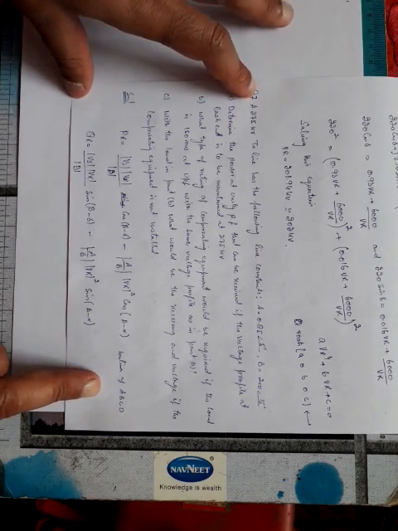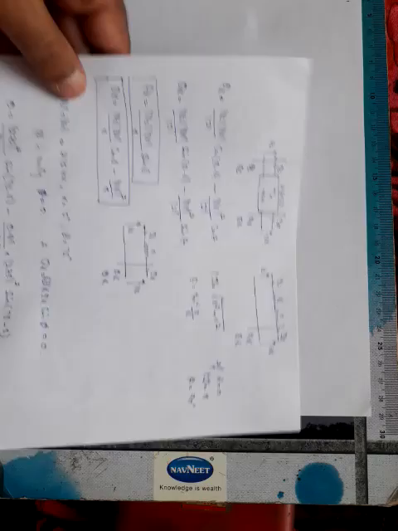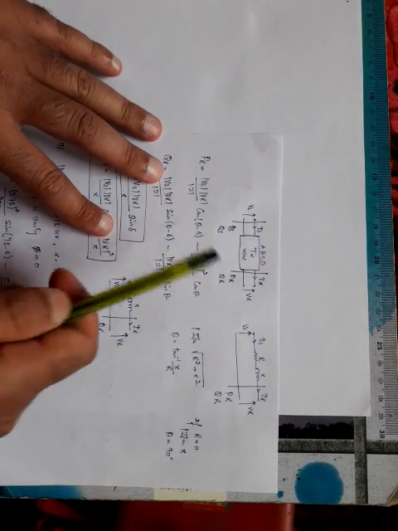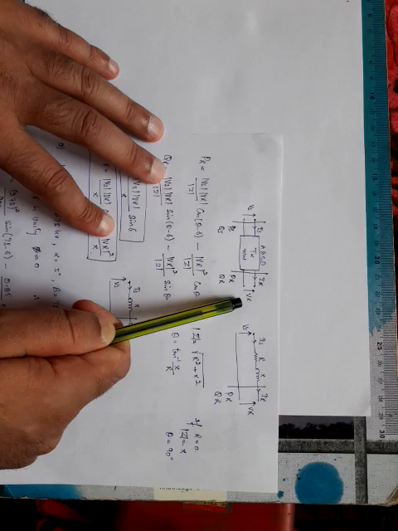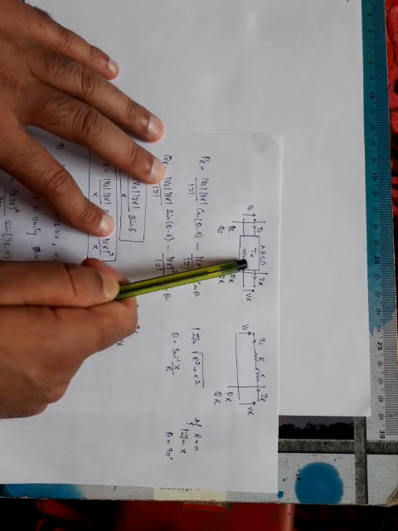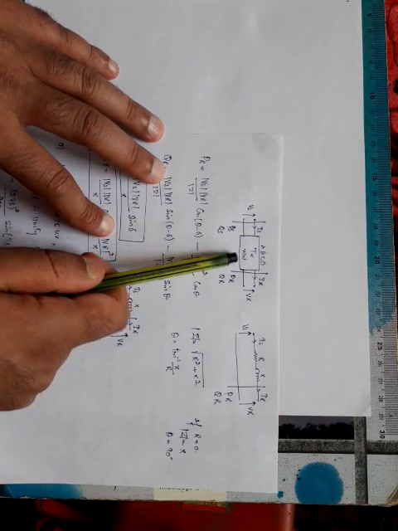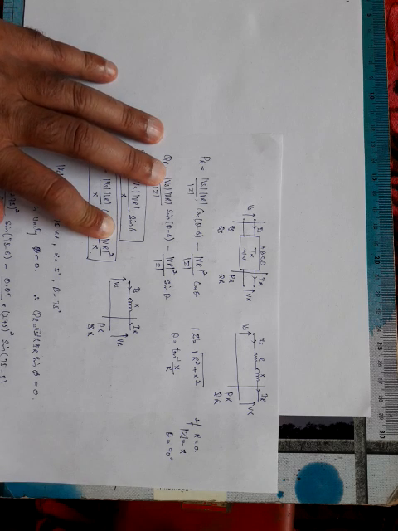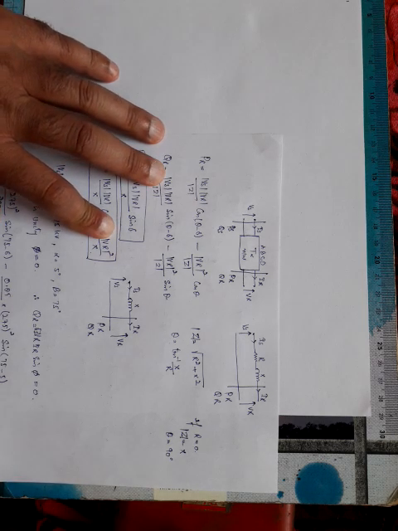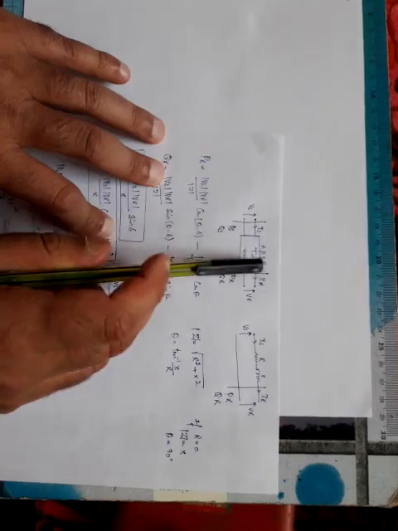So since A and B are given, a transmission system given in this way is a transmission network. This is VS, this is IR, this is VR. And since we don't know what is inside, whether it is short transmission line, long transmission line, or medium transmission line, we simply represent them by ABCD parameters.